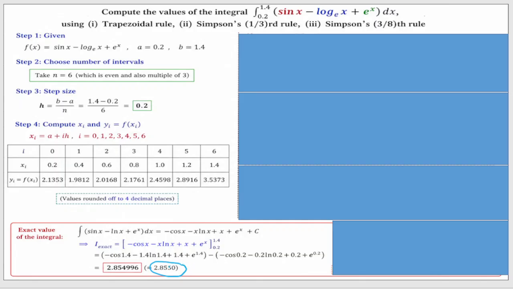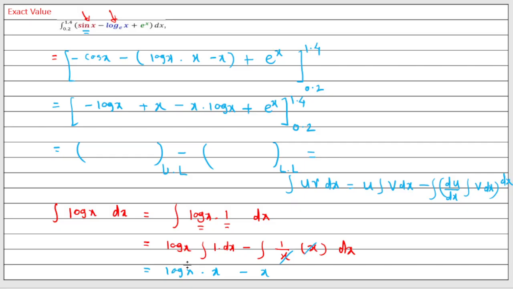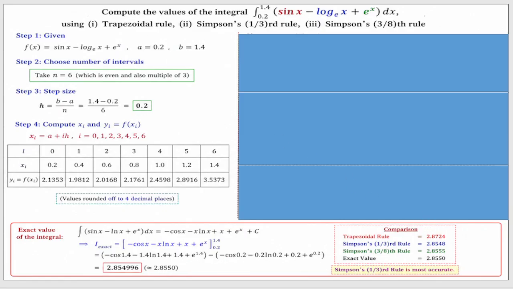Now let me compare with the values we have obtained from all three rules. In the trapezoidal rule, the answer is 2.8724 and the exact value is 2.8550, approximately up to 4 decimal places. So definitely there will be error. Now compare with the answer of Simpson's one-third rule, which is 2.8548.